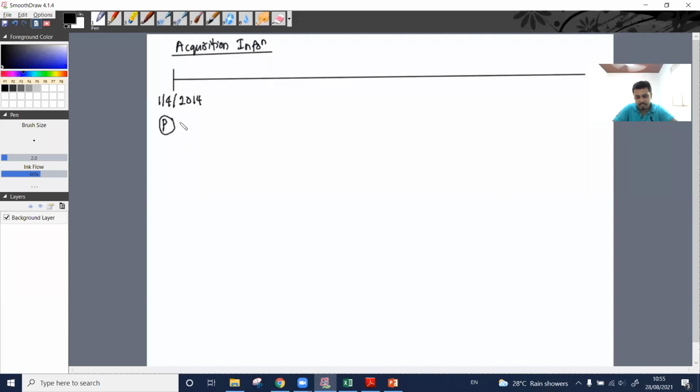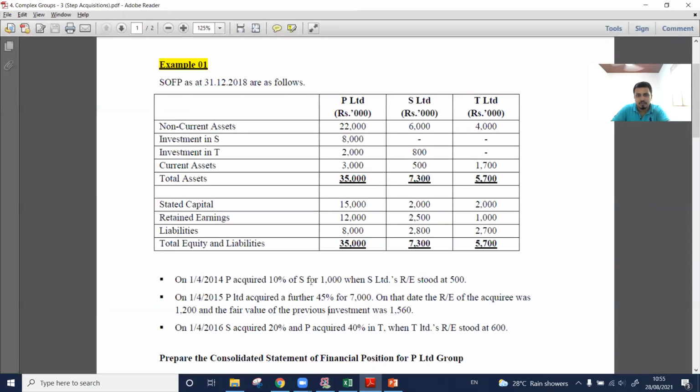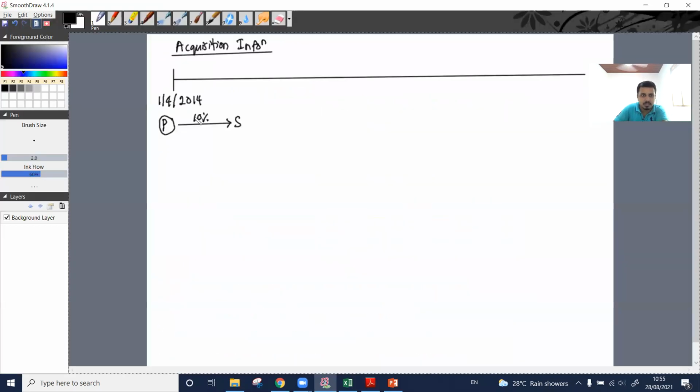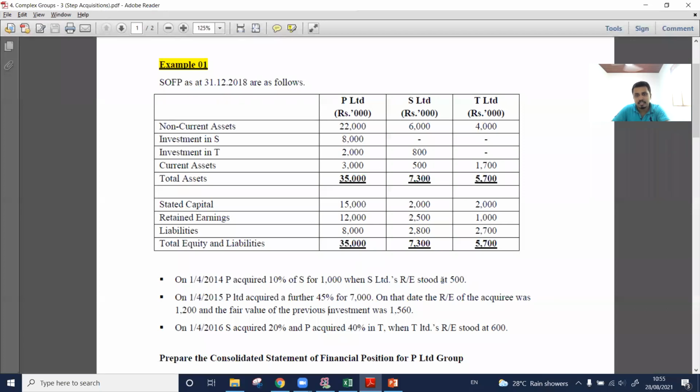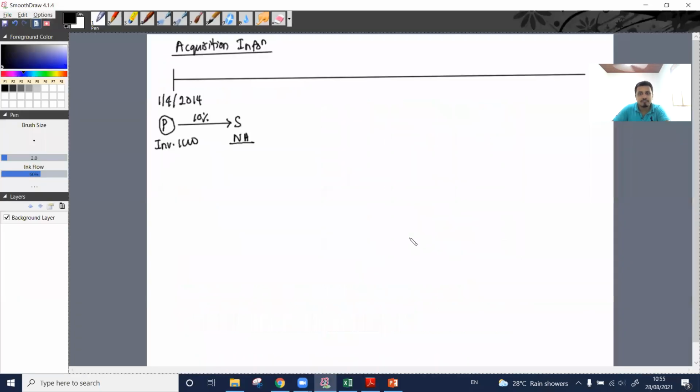P company has acquired 10% of S for 1,000. It means to acquire this 10%, they have invested how much? 1,000. And as at the date of acquisition, retained earnings were stood at 500.